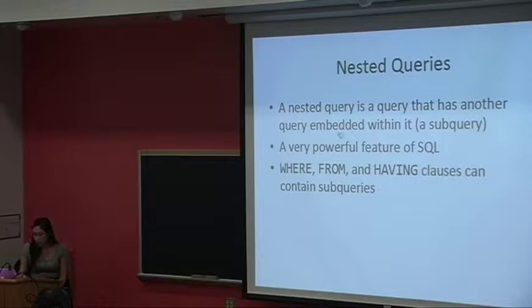So far we have put it in the where clause and the from clause. Later in the lectures, maybe next time, I'll also talk about the having clause we can add. So all these we can embed a subquery, which is like a sub-intermediate table in there. So we make it nested.